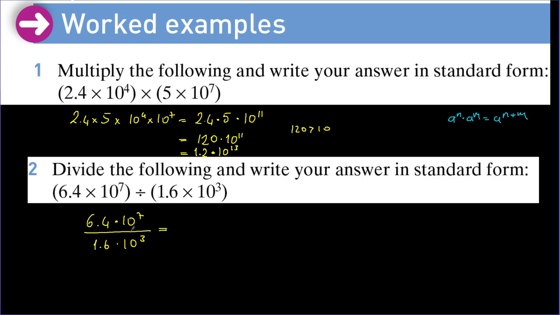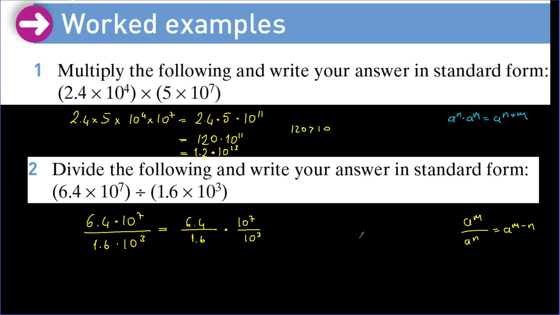Here I can separate 6.4 divided by 1.6, then 10 to the power of 7 divided by 10 to the power of 3. I get this from a to the power of m divided by a to the power of n, which is equal to a to the power of m minus n.